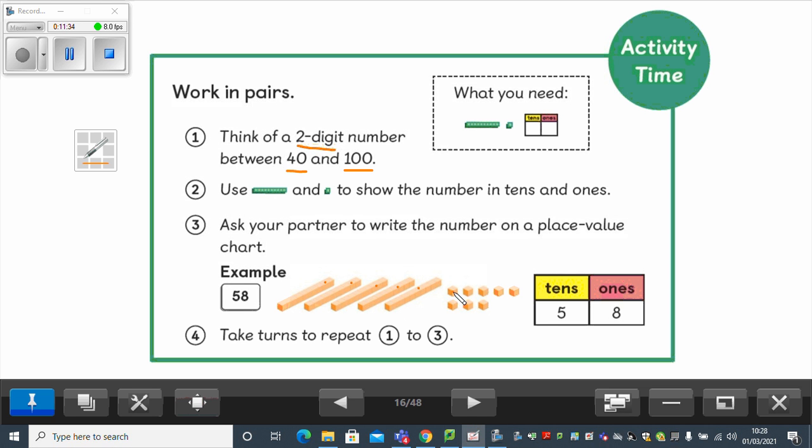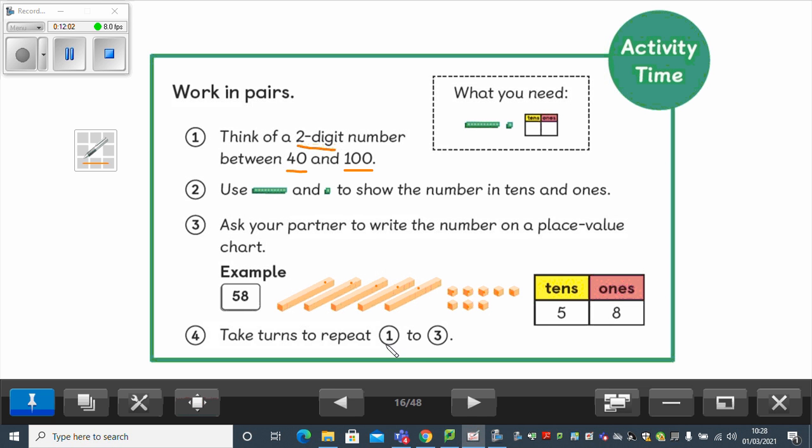And then we have 1, 2, 3, 4, 5, 6, 7, 8 ones. And that's a digit 8 in the number 58. Then it's been written on our place value chart, 5 tens and 8 ones. So how many tens and how many ones?